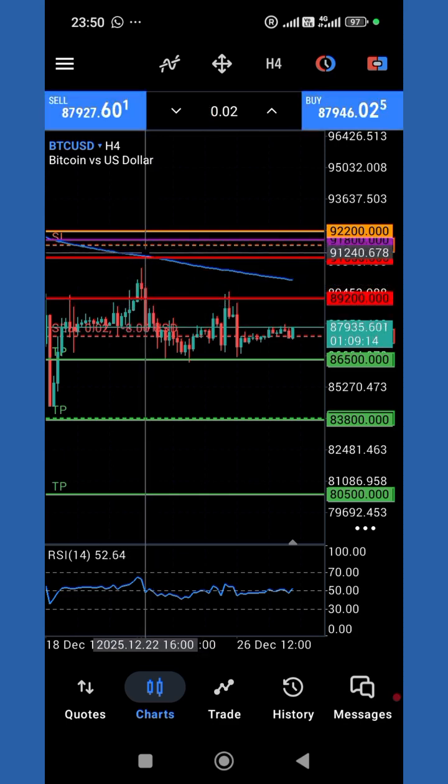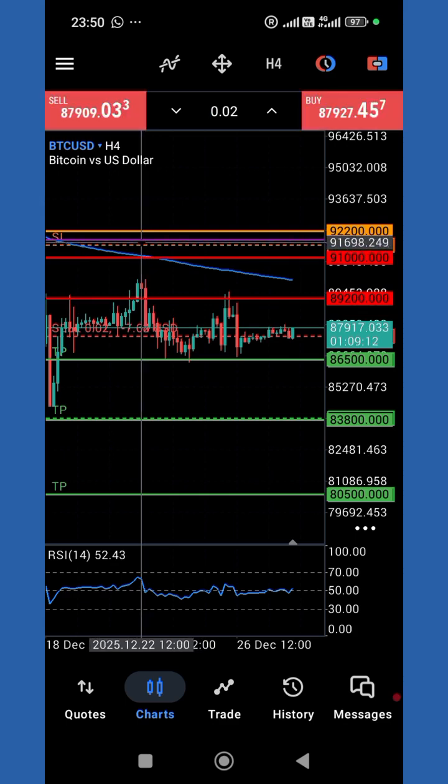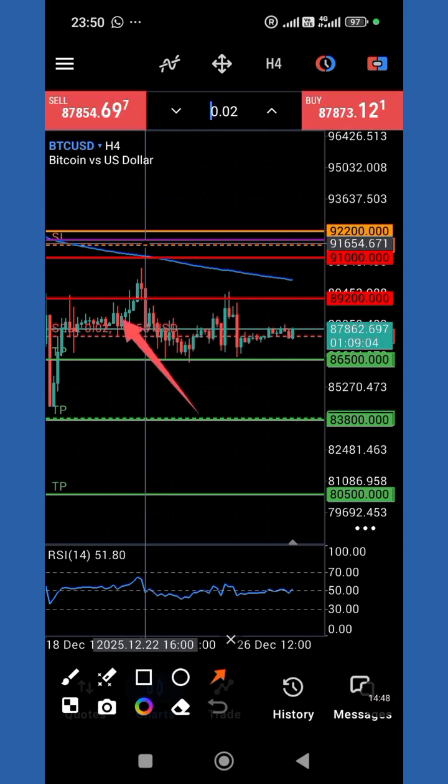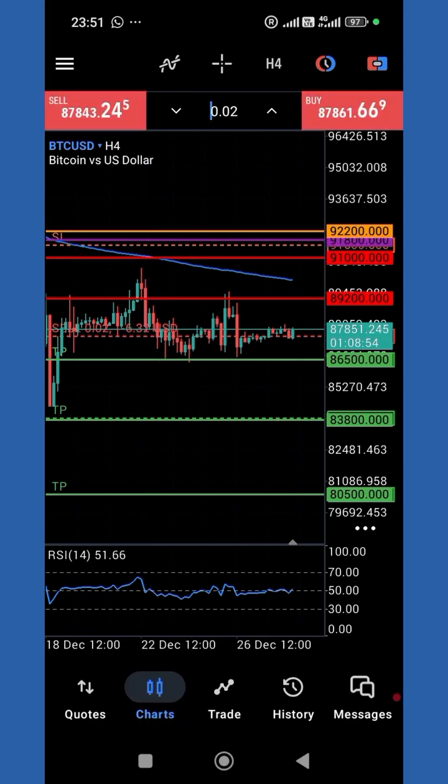This is 91,300. I've already set the TP. If you look, that is my TP there, and this is where my crosshair is. 91,600. That is that as well.